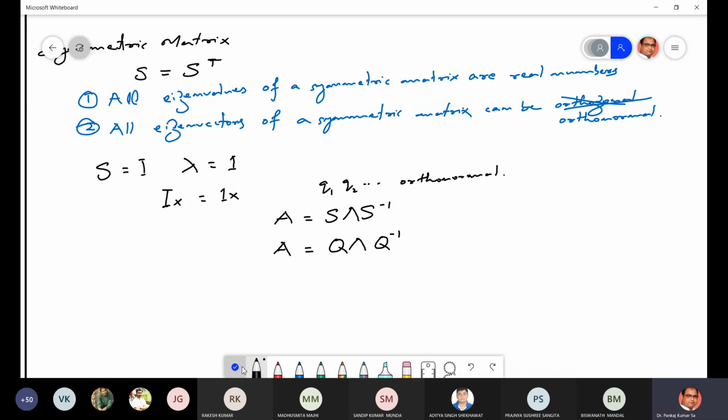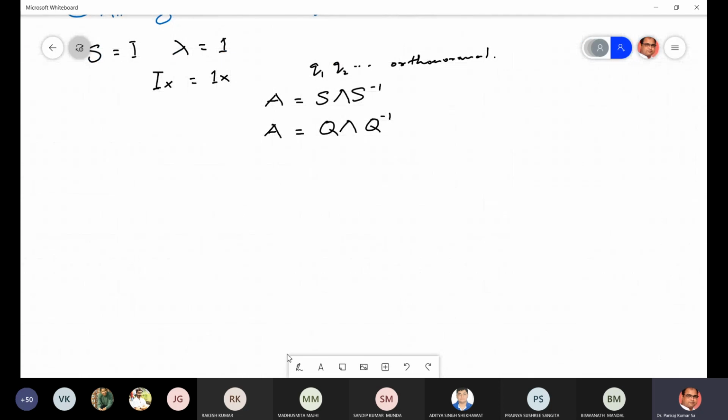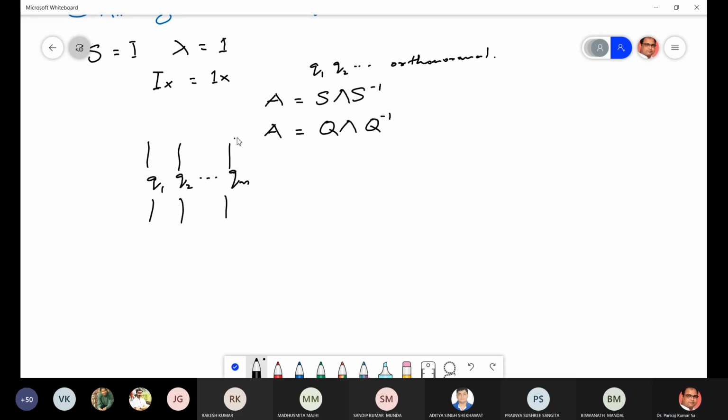But at the same time, we also know this: what is Q transpose Q? We have q1, q2, up to qn.